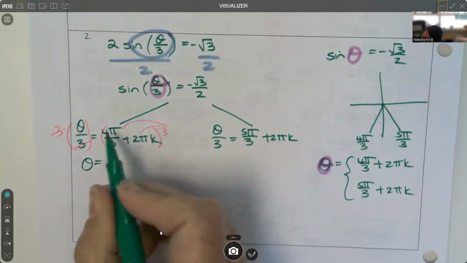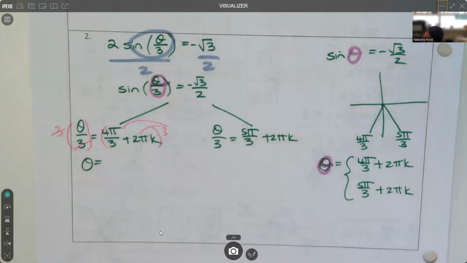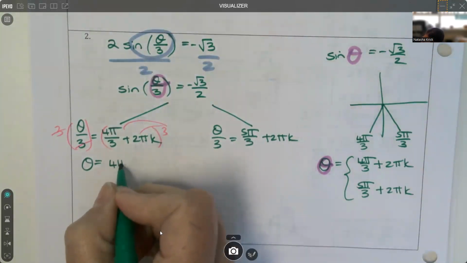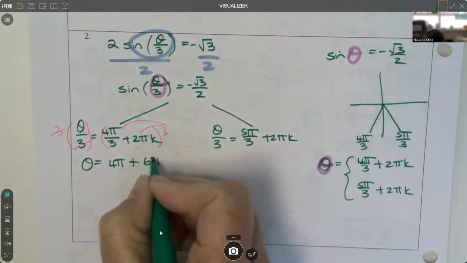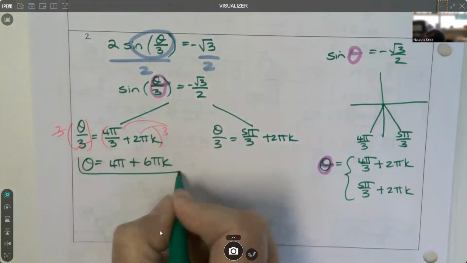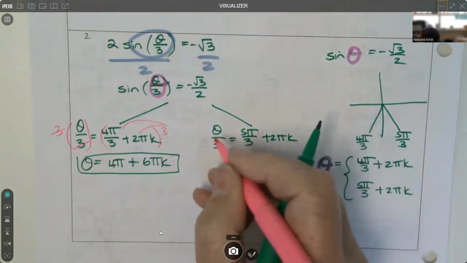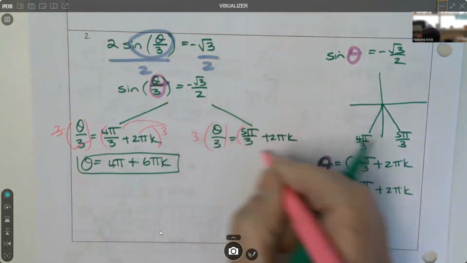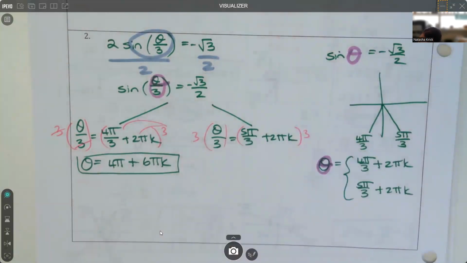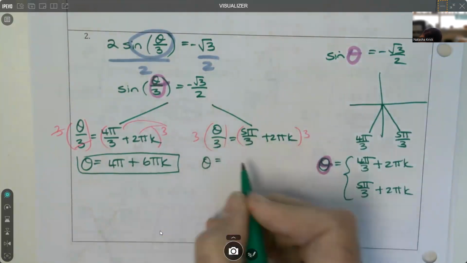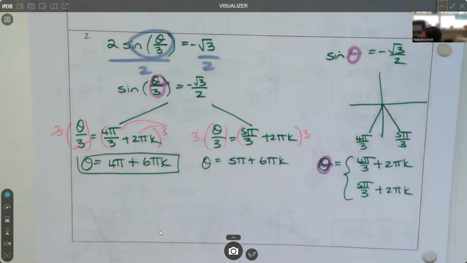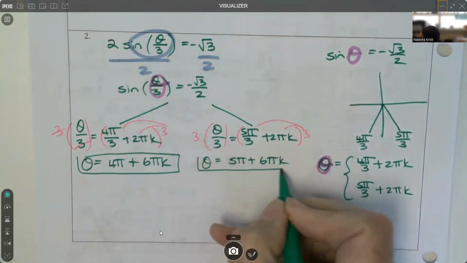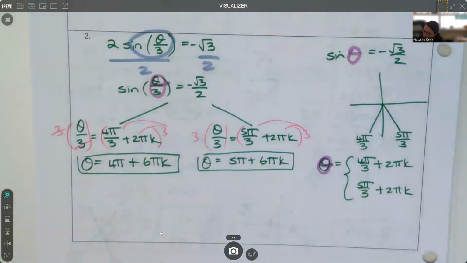So 3 times 4 pi over 3, those two 3's would cancel, and that's just going to give me 4 pi, plus 3 times 2 pi is going to be 6 pi k. I'm going to do a similar thing to this side. And so here I would get theta equals 5 pi plus 6 pi k. Again, I'm just distributing that 3 to both of them. So this is my general solution.